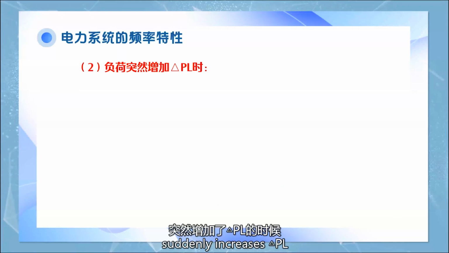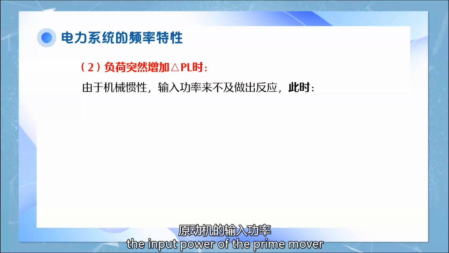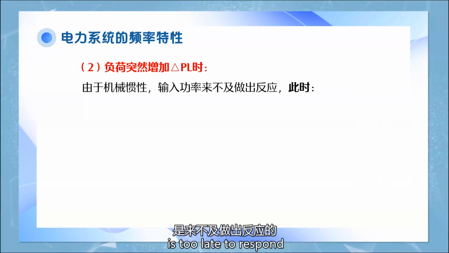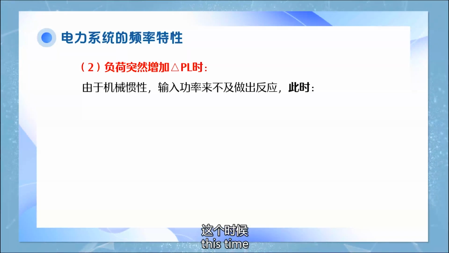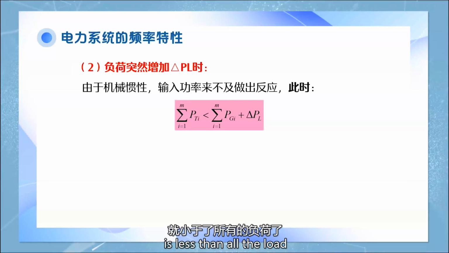If the load suddenly increases by PL, but due to the mechanical inertia, the input power of the prime mover is too late to respond. At this time, the input power of the prime mover is less than the total load.